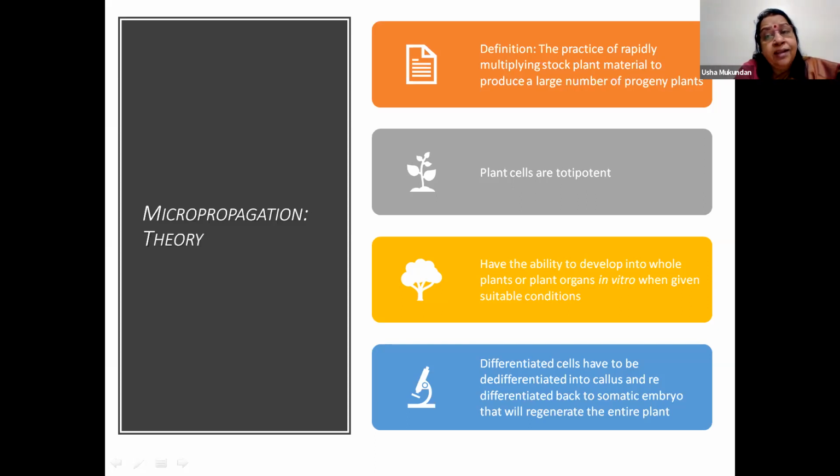So these callus cells may give rise to somaclonal variants, or sometimes they become bipolar and they form somatic embryos. Somatic embryos also have their own advantage because they are bipolar. And when I say they are bipolar, that means they have defined root and shoot meristems.